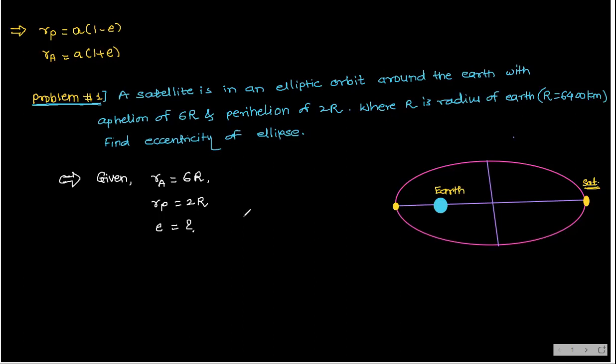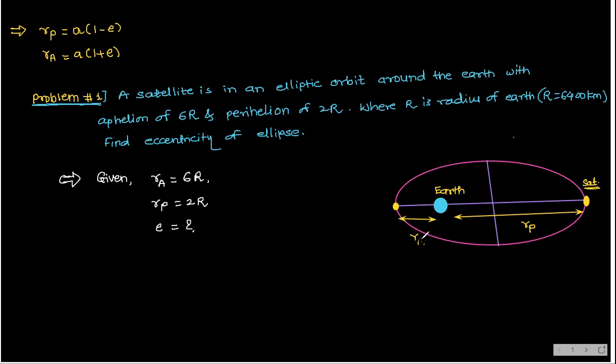Now this distance is what? RA, 2R. This distance is RP. Wrong or right? Wrong, sir. Then what should be there?